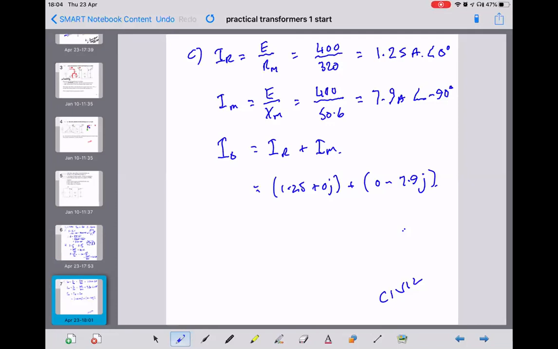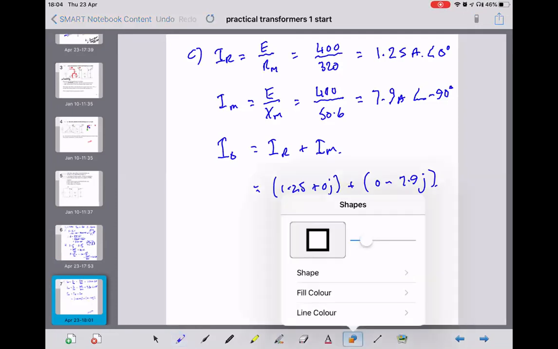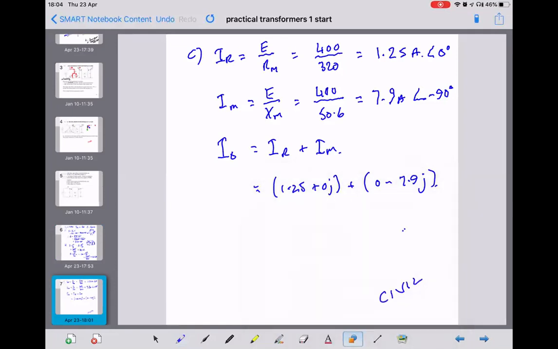Because the angles are 0 and 90 degrees, we don't need a calculator for that. So I_O equals 1.25 minus 7.9j.